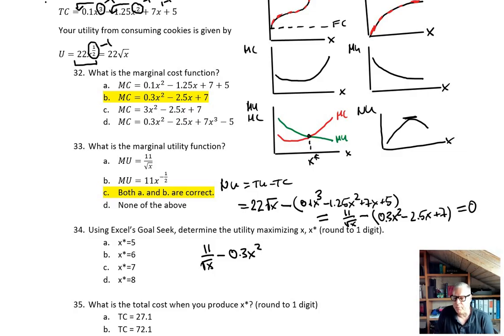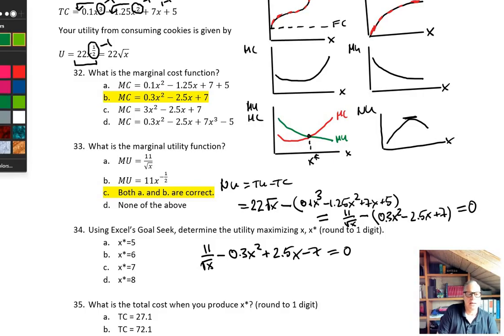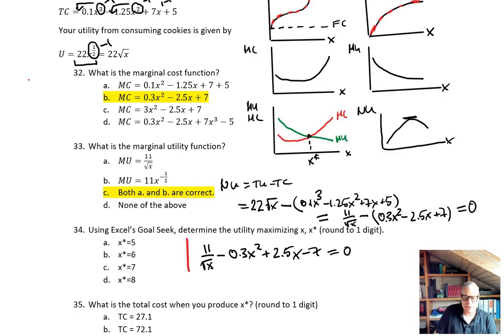Now we have a minus times a minus, so that becomes a plus 2.5x, minus, but there's this plus, so minus 7. That needs to be equal to 0. So if we want to find the optimum x, that is the condition that we need to solve.